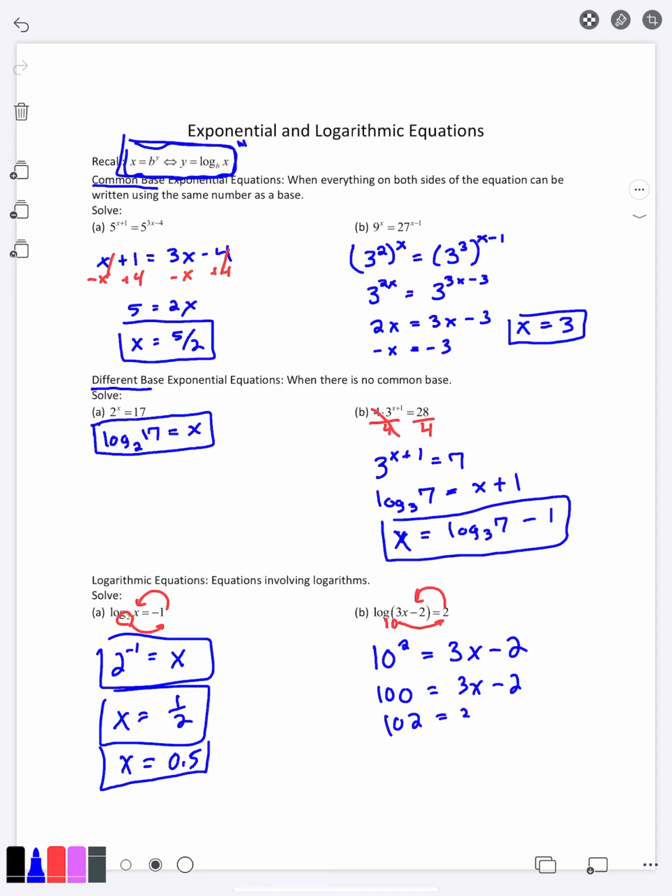Add 2 to that. Divide by 3. And we get our value of x is 34. So again, a lot of log and exponential equations come down to knowing the formula of how to convert back and forth. As I said in the previous video, it's the number one thing you should know about logarithms.